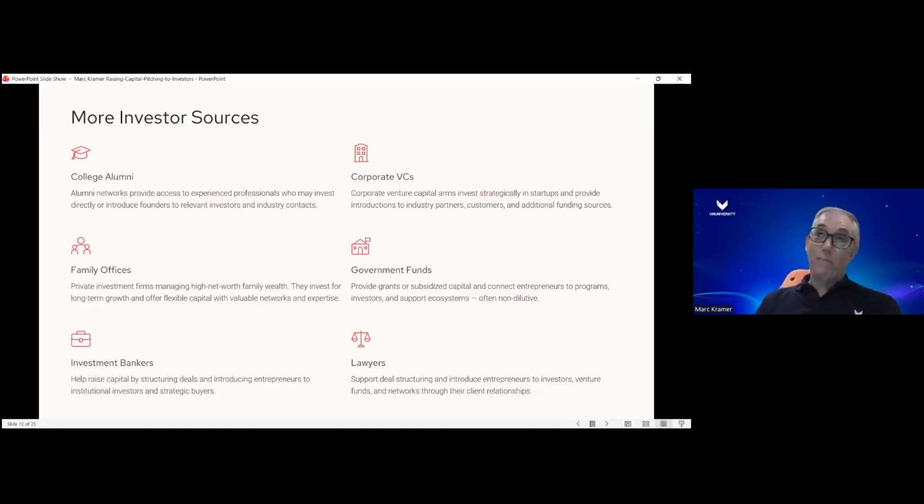In Vietnam, where I am, there are lots of tax benefits. There's money from different family businesses, large corporations, some of it government money from different groups within the government. Investment bankers know wealthy clients that they can make introductions to. Lawyers, especially corporate lawyers and personal investment advisor lawyers, all know folks that they could make introductions to.